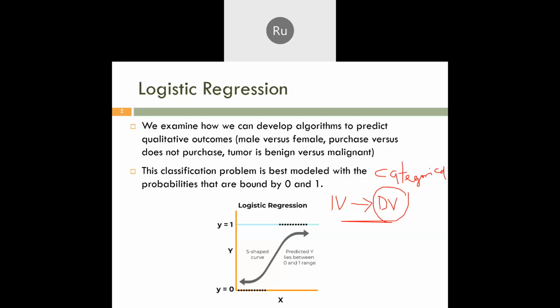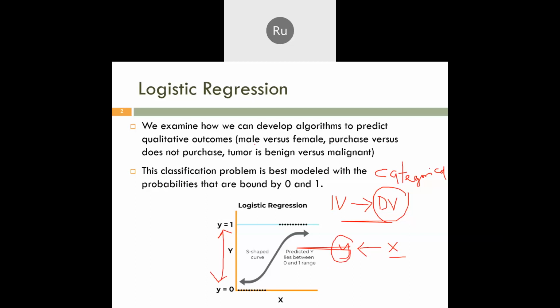For example, here we are looking at y. Y is your dependent variable, and we are looking at your independent variables. What is the probability of having this outcome? This classification problem is best modeled with probabilities that are bound between 0 and 1.